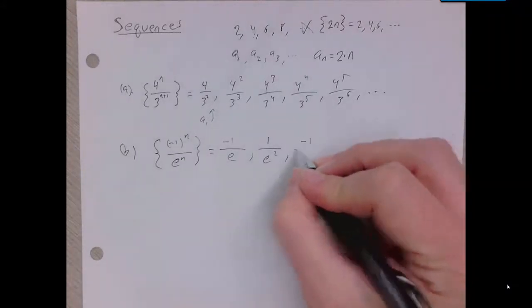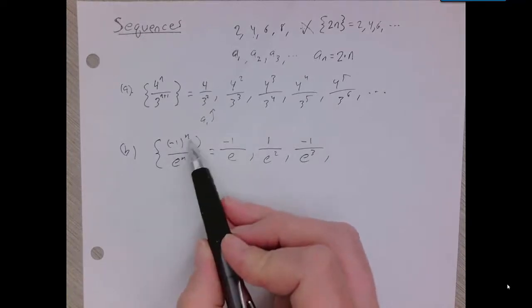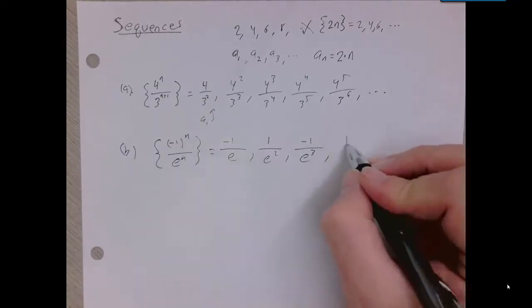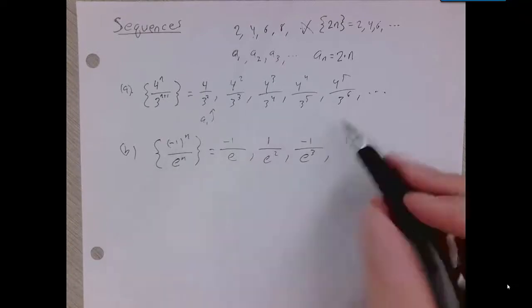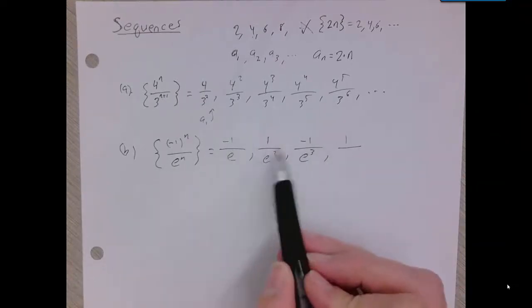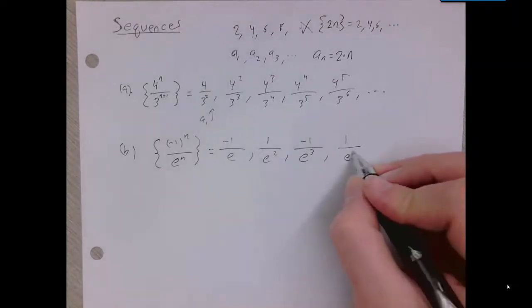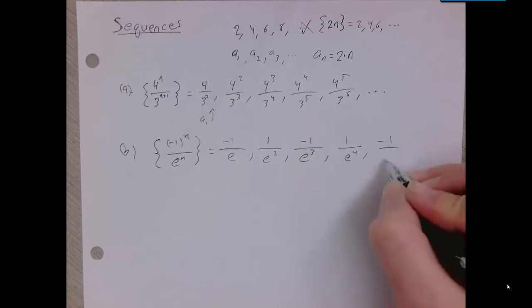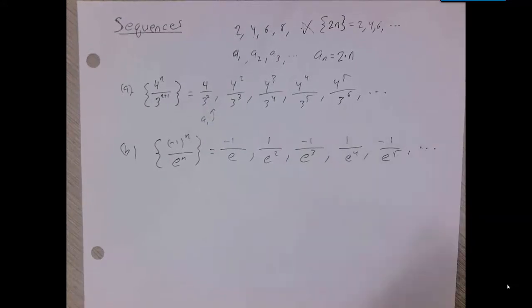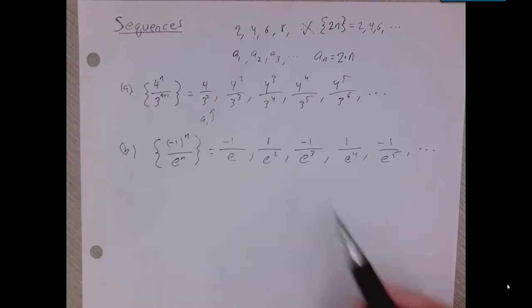So now I've got negative 1 over e cubed. And then when n is 4, negative 1 to the fourth power once again becomes positive. So you can see this negative 1 to the n power is creating this alternation of negative and positive signs for each subsequent term. And that's something that you see a lot, or it's not uncommon to see this with sequences.